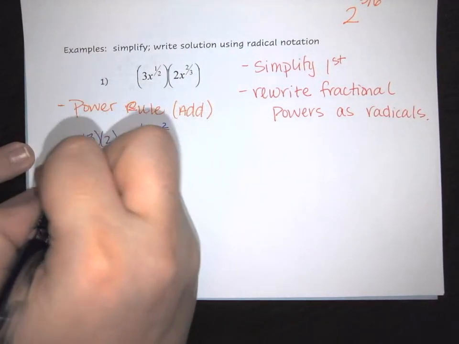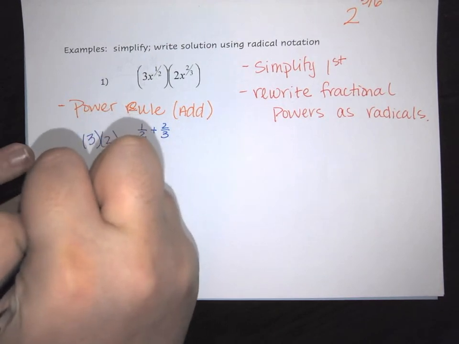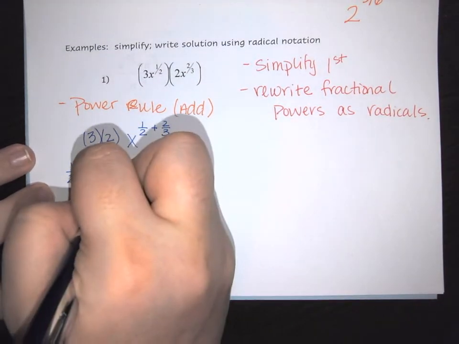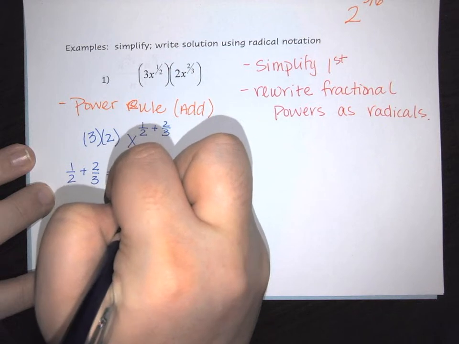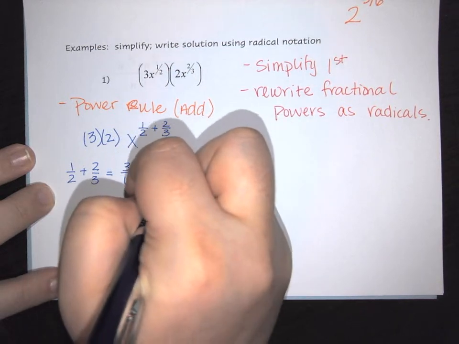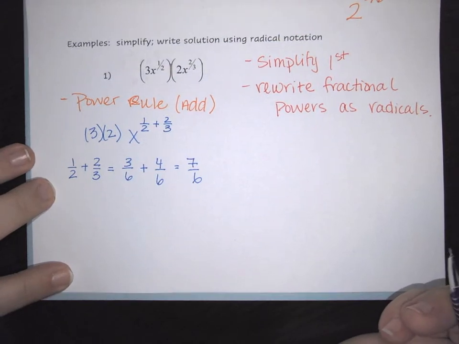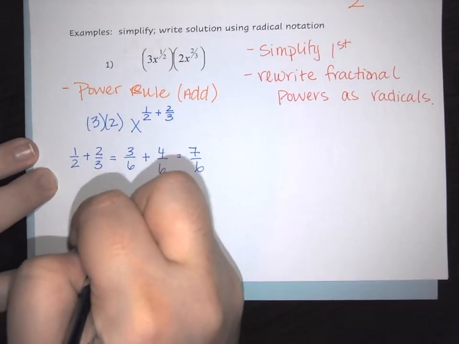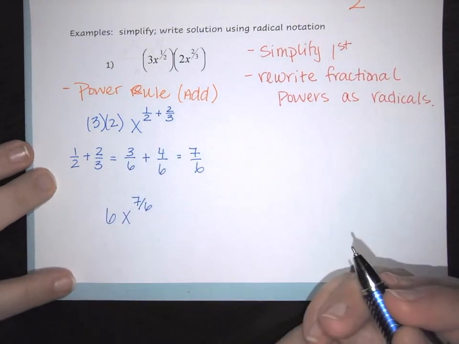So here we've got my 1/2 plus my 2/3. Again, I need a common denominator, so this is going to end up being 3 over 6 plus 4 over 6, which is going to give me 7 over 6. So with that, 2 times 3 is 6, so I really have 6x to the 7 over 6.